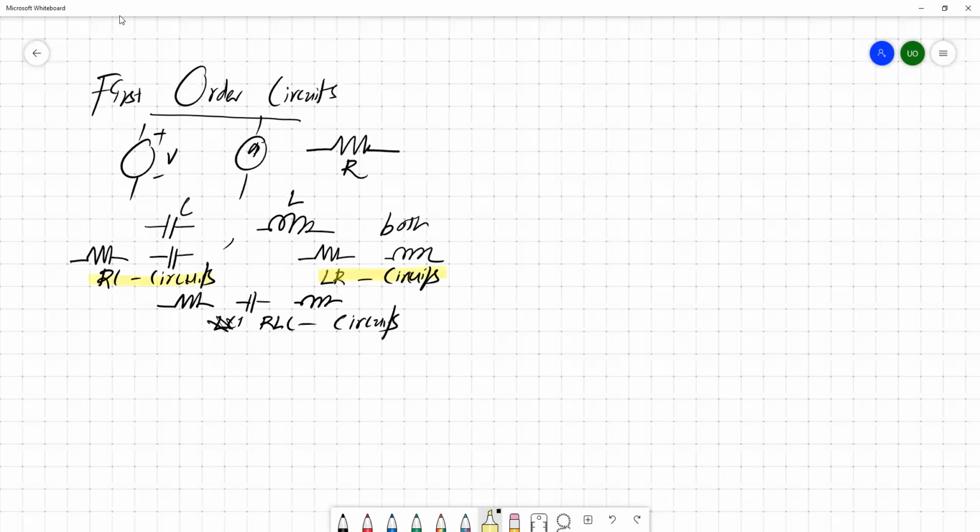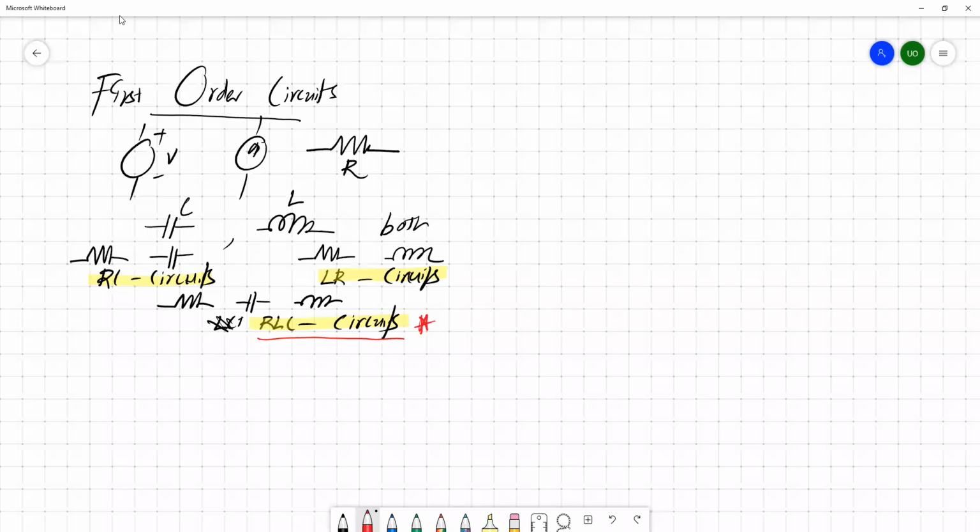And if you have all these components, resistors, capacitors, and inductors, it becomes an RLC circuit. So this entire study would, in general, be about RLC circuits. In circuit analysis 2, we basically study RLC circuits.